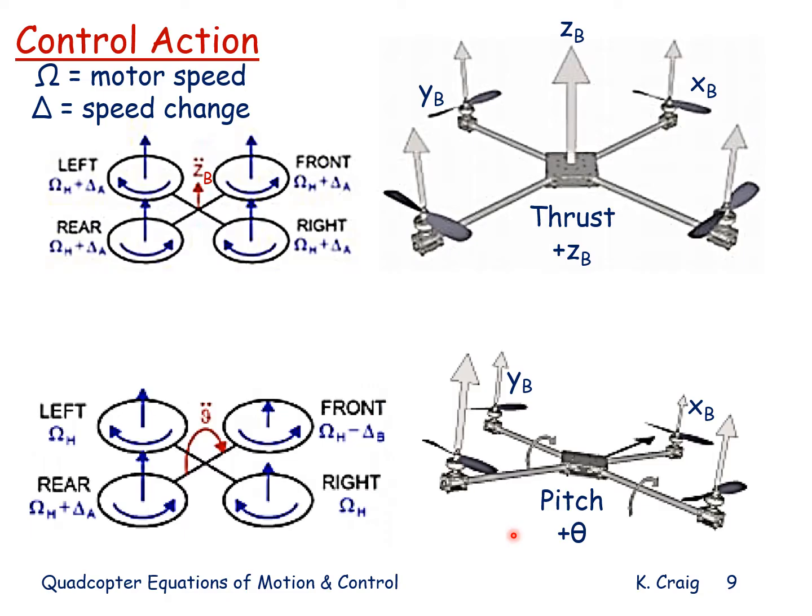We control the pitch angle of the quadcopter, which is a rotation about the y-axis of the quadcopter body fixed reference axes, by leaving the speed of motors 2 and 4 unchanged, but then by increasing the speed of motor 3 and decreasing the speed of motor 1.